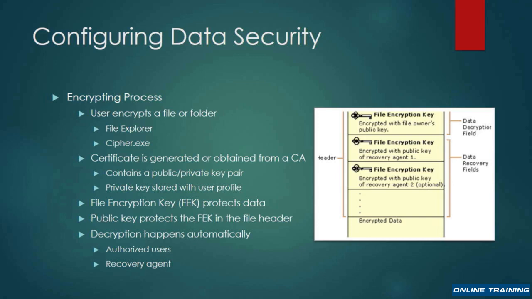So when a person goes to encrypt a file, there is going to be a particular process that is followed. First off, you can encrypt a file using File Explorer, or technically the Cipher.exe command line utility. I don't believe that Cipher is overly used unless you're trying to automate it or something, writing a script.